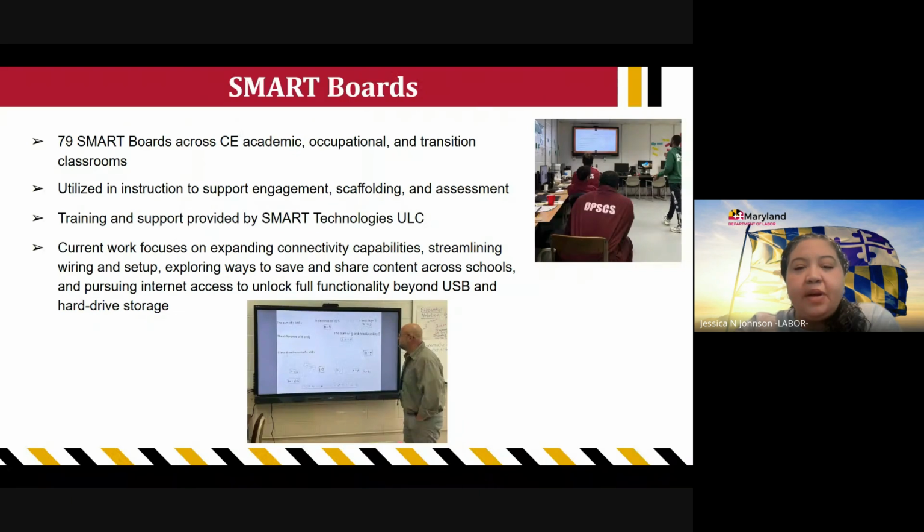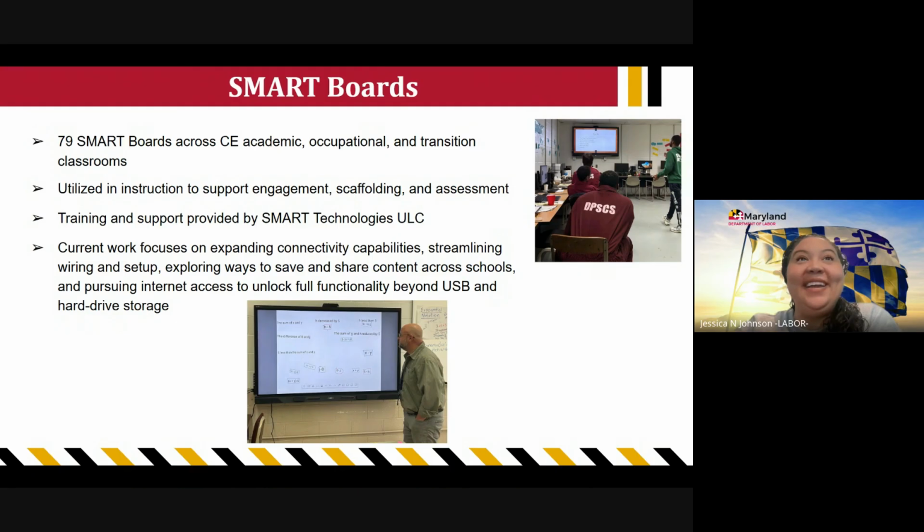And the purpose of our smart boards, we've had a few sets of training on them, but the purpose of the smart boards is to build student engagement, scaffolding, and we can use them as a way to formatively assess our students. Smart Technologies has been really wonderful in working with us to provide customized training for our teachers.